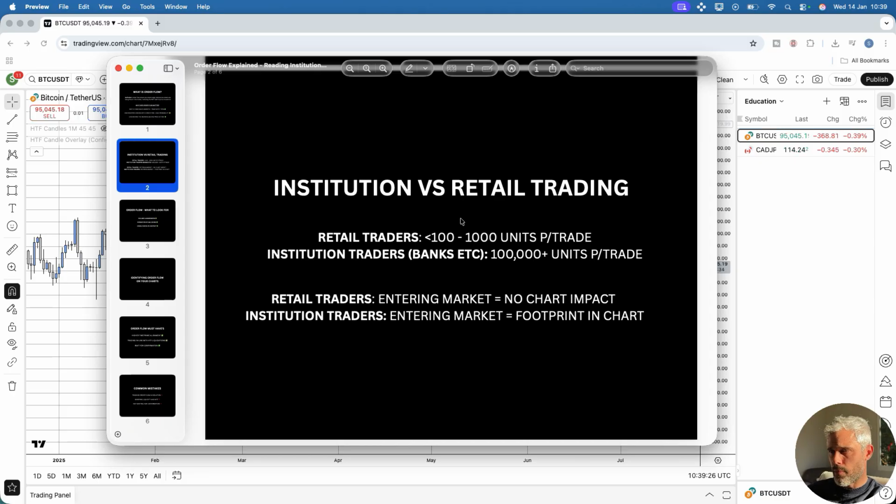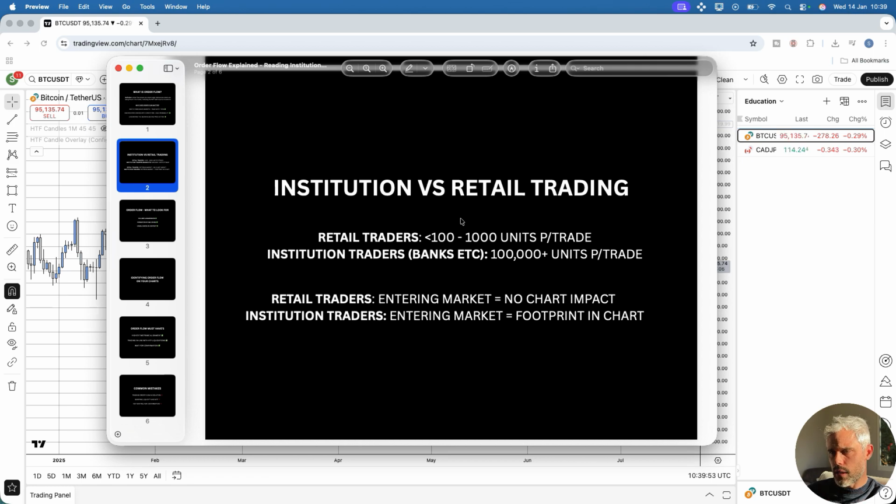Big retail traders might be trading anything from 100 to 1,000 units per trade. You're not even going to see that on the candlestick charts that you're analyzing, especially looking at things like swing positions. To move these markets substantially, it takes large institutions like banks that are transacting hundreds of thousands of units per trade. So fundamentally, when we as retail traders enter the market, no chart impact.